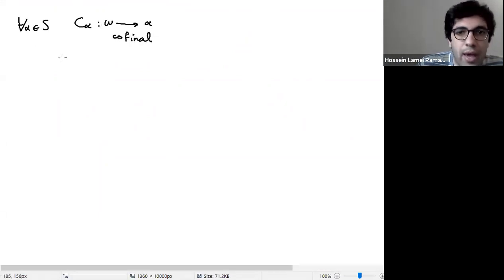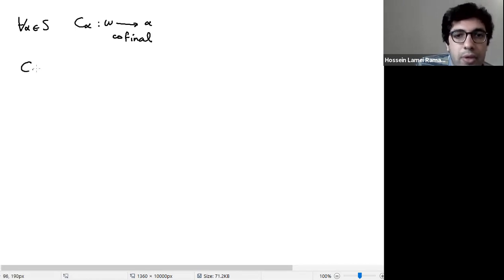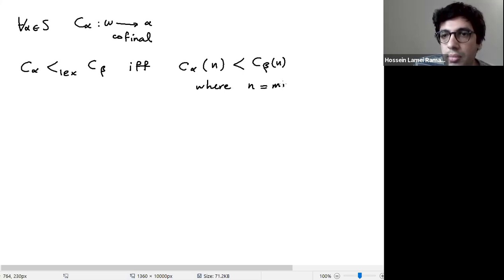So we have a bunch of functions indexed by alpha, and we can say C alpha is less than C beta if and only if C alpha at n is less than C beta at n, where n is the minimum k such that C alpha at k is different from C beta at k.